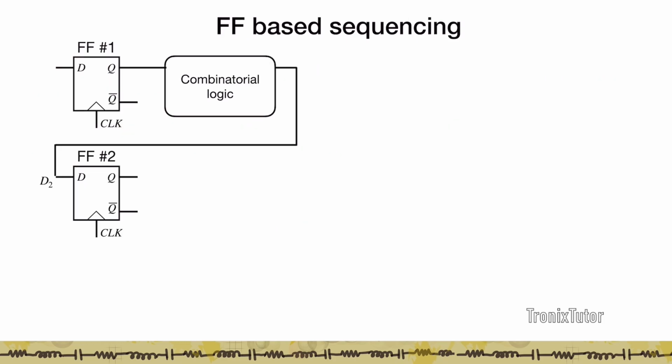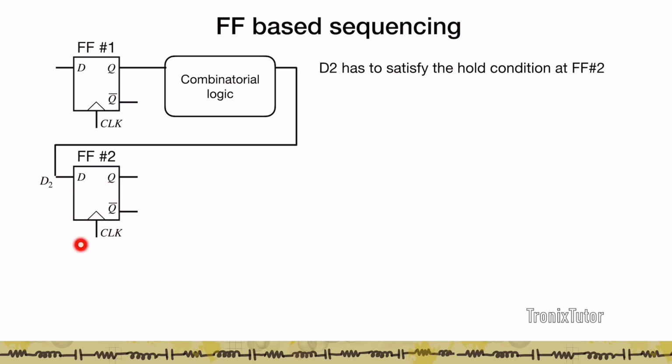Now let's look at the other condition. Let's assume now that we have the same flip-flop 1 and a flip-flop 2 with the combinatorial logic between. Now this D2 has to satisfy the hold condition at flip-flop 2. What do I mean by that?